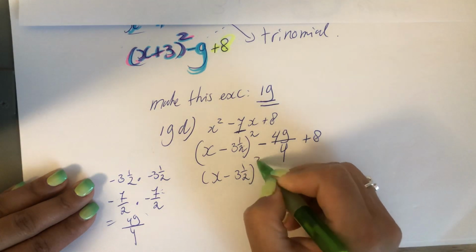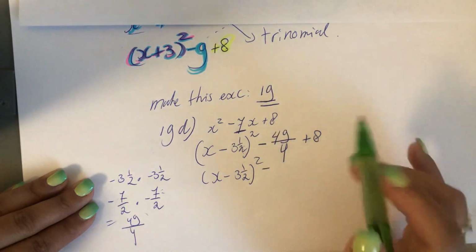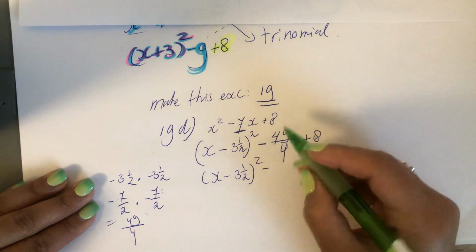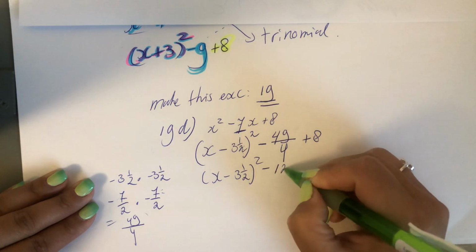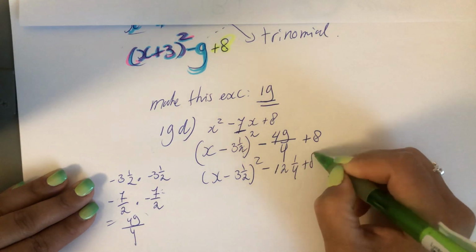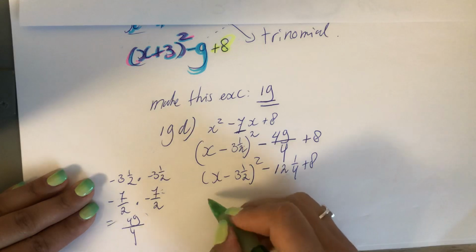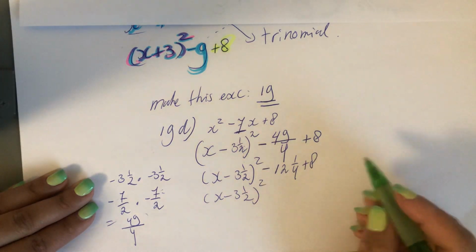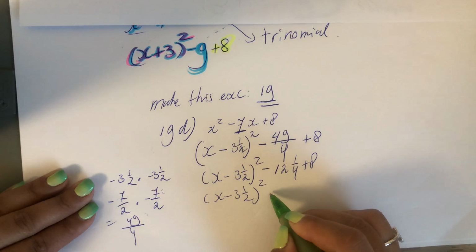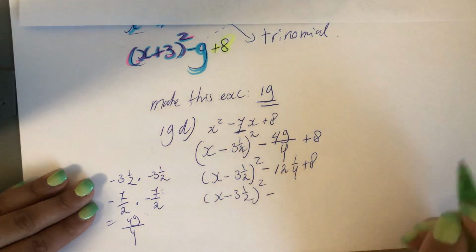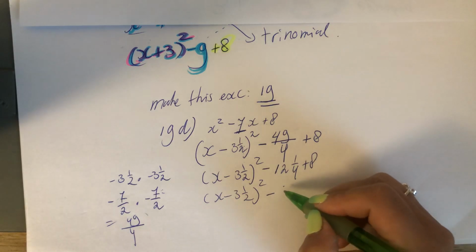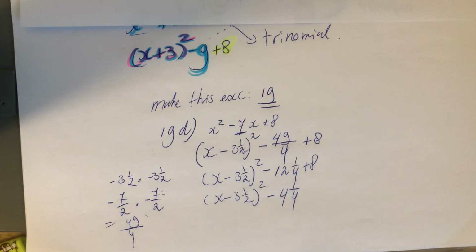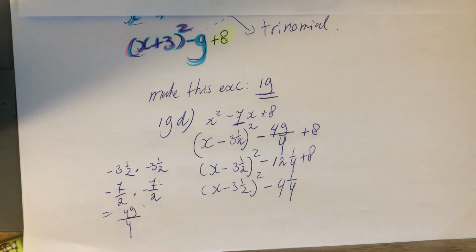Make sure that this improper fraction is a mixed number. 12 and 1/4 plus 8. We can still add some like terms here. And then eventually we get minus 4 and 1/4. I hope I did it right. So this is completing the square.